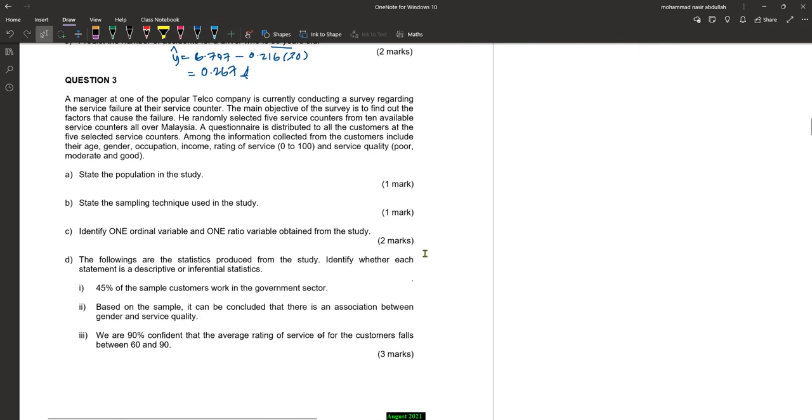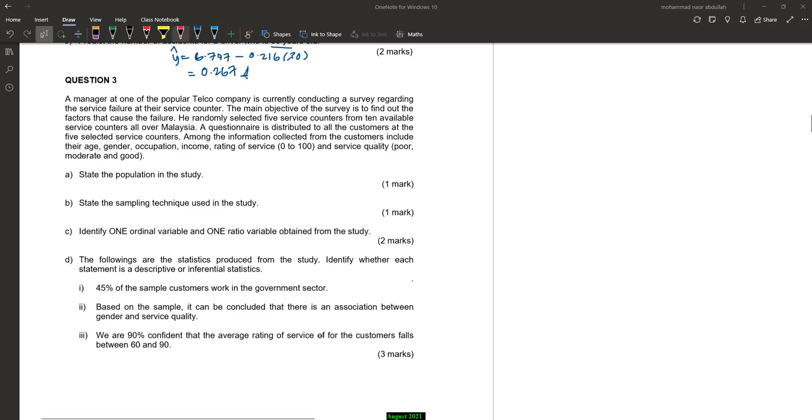So now we move to the next question. Question number 3, right? Question number 3. A manager at one of the popular telco company is currently conducting a survey regarding the service failure at their service counter lah. So the main objective of the survey is to find out the factor that caused the failure.